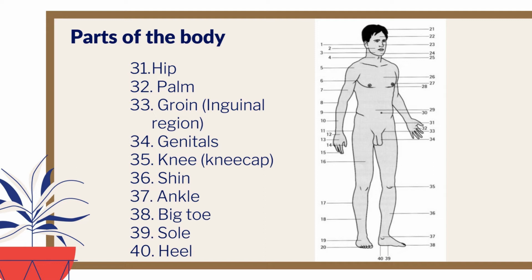Number 34, genitals. Number 35, knee, or kneecap. But with kneecap, we are referring to the convex bone in front of our knee joint.